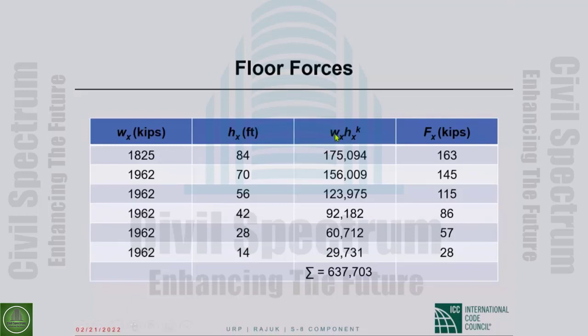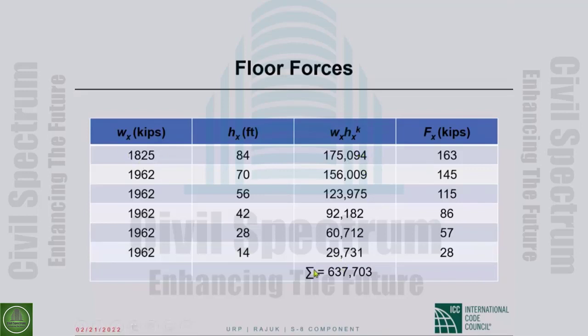This is W sub x times h sub x raised to the power k. K, remember, is 1 for stiffer buildings, 2 for flexible buildings, in between 1 and 2 for in between buildings. Okay.